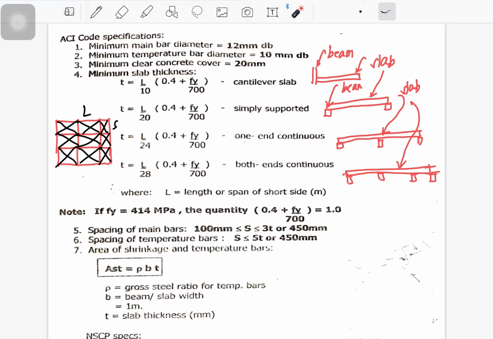So you have this formula, and in this case you have the multiplier. In some cases for the ACI code and NSCP code, normally every year or every 5 years, they update the codes.